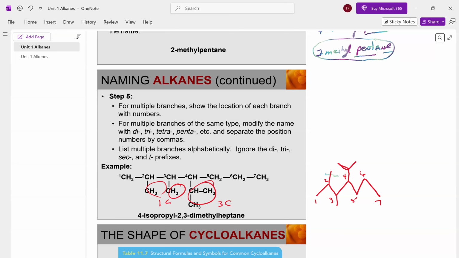And they differ. The 2 methyls, mono, di, tri, penta, how many are 2? Di. So we have a dimethyl.